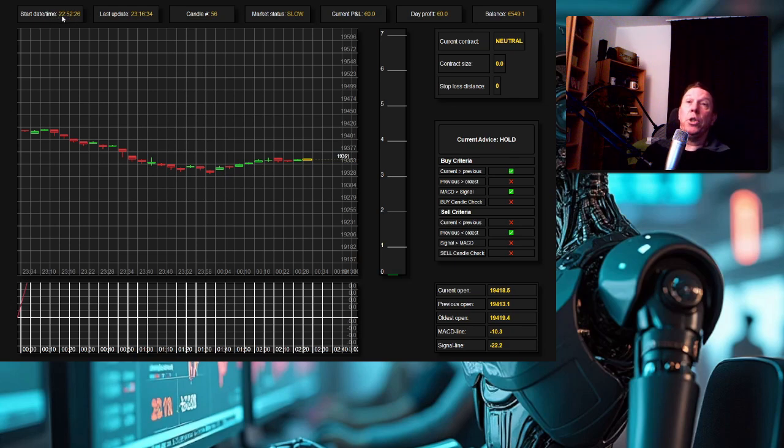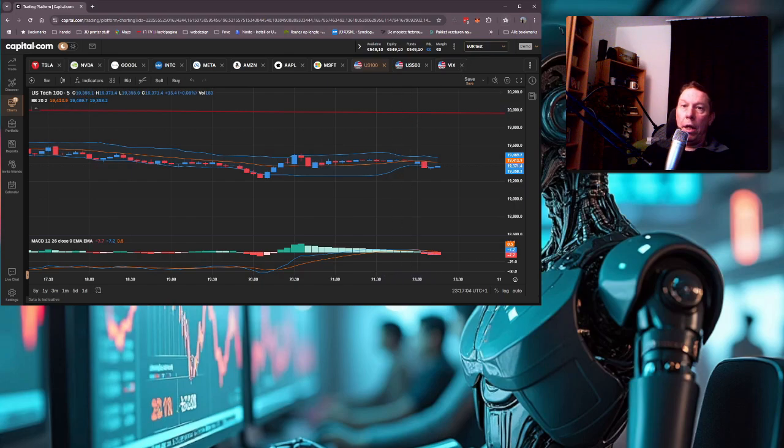I also added the buy criteria and sell criteria, splitting those two criteria into new ones. I did not change it in the visual view, but in the code.